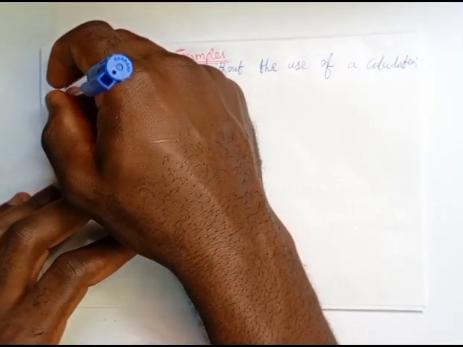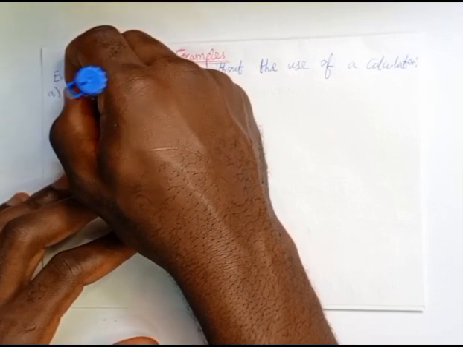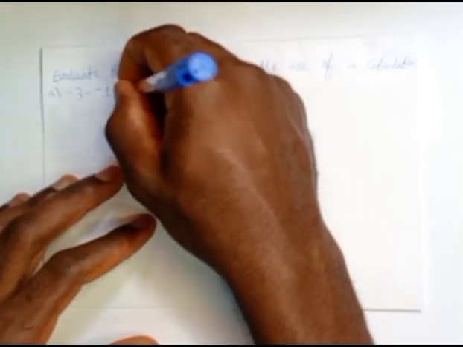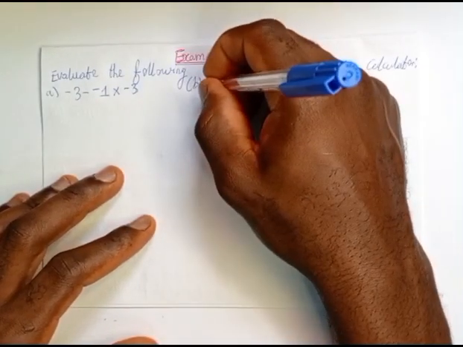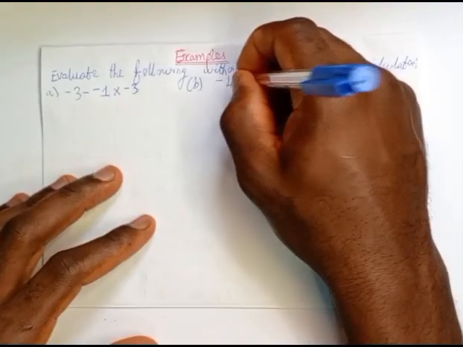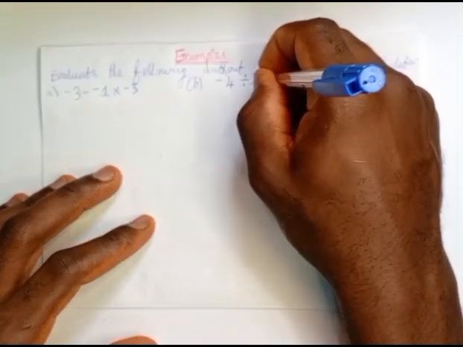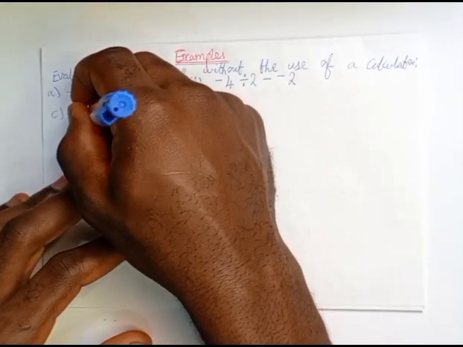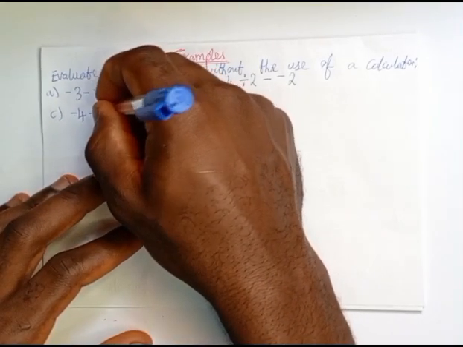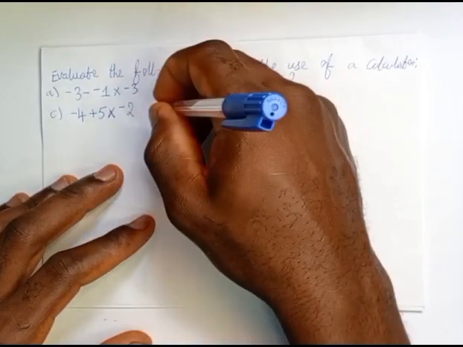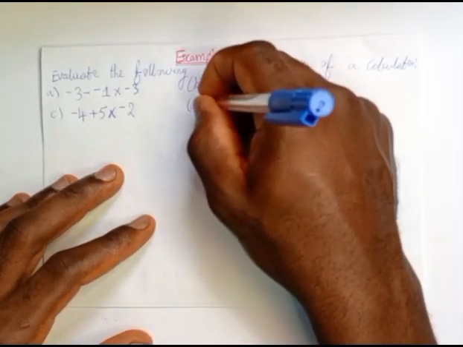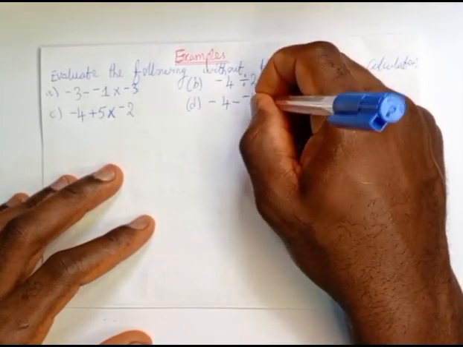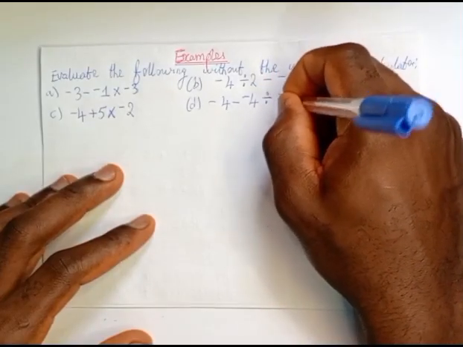For A, we have negative 3 minus negative 1 times negative 3. For B, we have negative 4 divided by 2 minus negative 2. For C, we have negative 4 plus 5 times negative 2. For D, we have negative 4 minus negative 4 divided by negative 4.